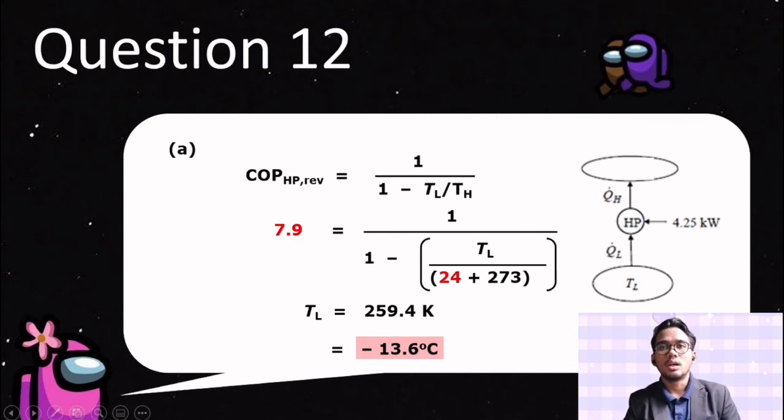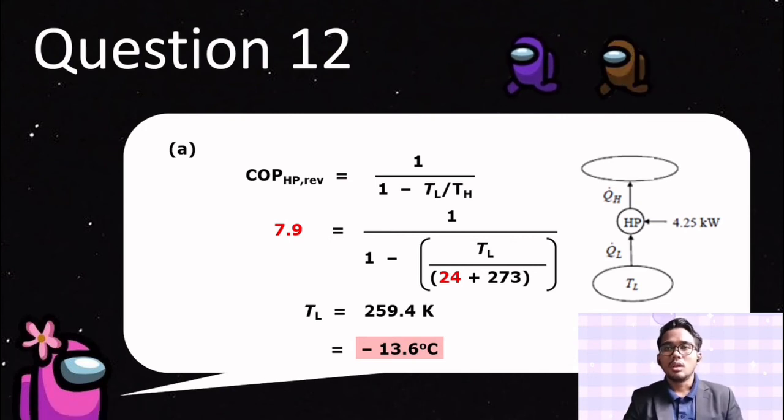For question A, the formula of COP heat pump is equal to 1 over 1 minus temperature L divided by temperature H. So we put the value, which is 7.9 for COP, and then we don't know temperature L, so we put temperature H, which is 1 over 1 minus bracket temperature L divided by 24 plus 273.